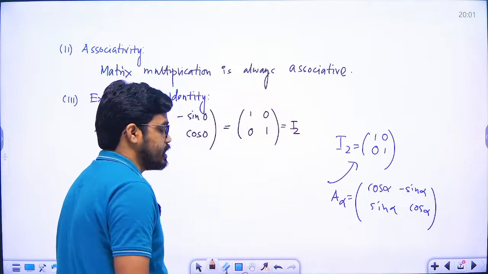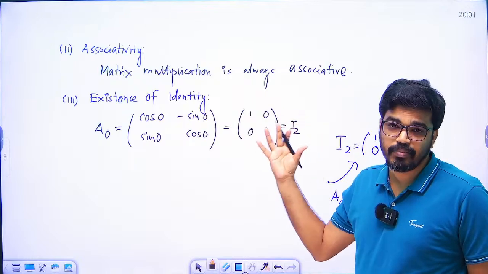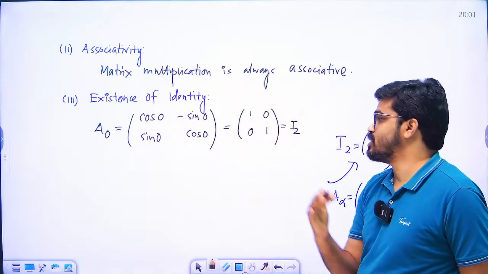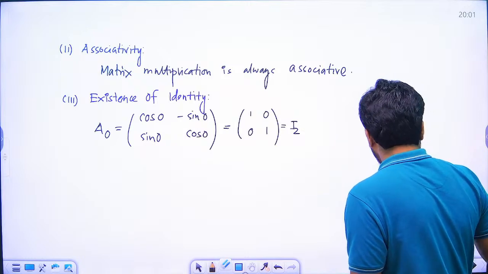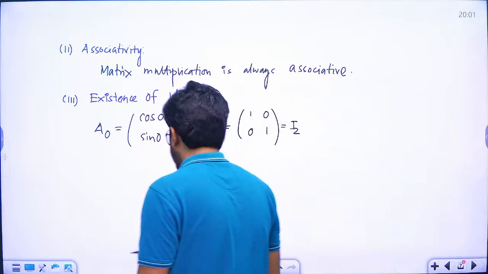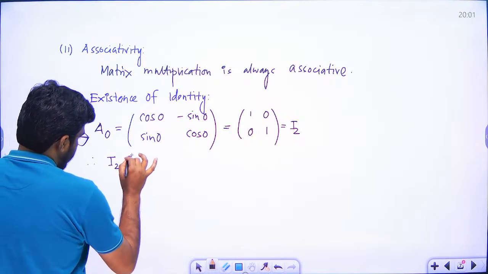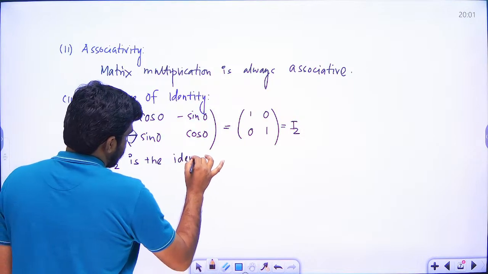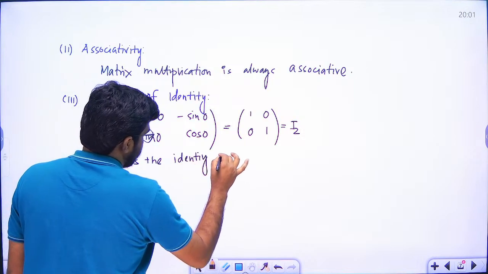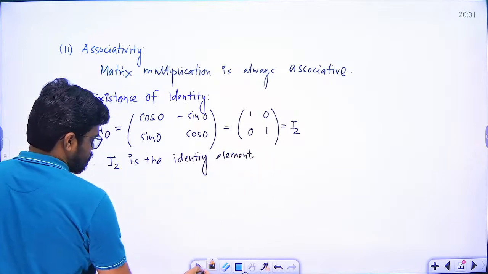So what is the identity element? That is the identity matrix. Therefore I2 is the identity element.